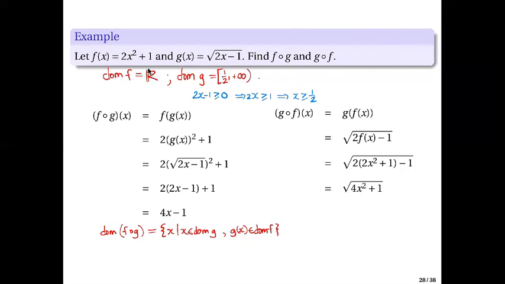We don't have any problem with that, because the domain of F is the real numbers. If you get your x from this interval, g of x will just be a real number. And therefore, this part here is always true. Which means, in here, this is just 1/2 up to plus infinity. That's the domain of F circle G.